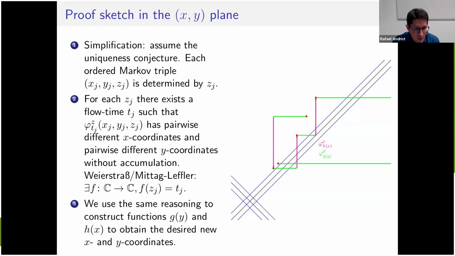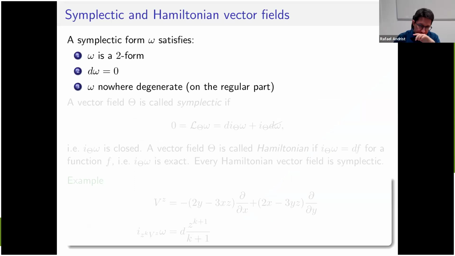Okay, now I want to go back to the proof of the first theorem about the automorphisms, but here we need a little bit more theory. Okay, just let me very quickly look at the notion of symplectic and Hamiltonian vector fields.